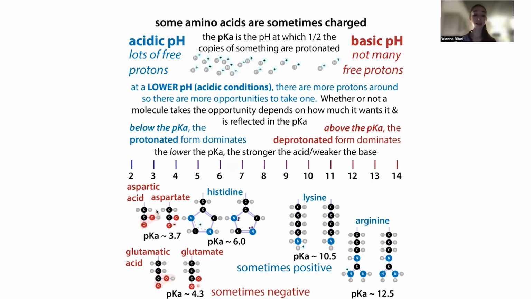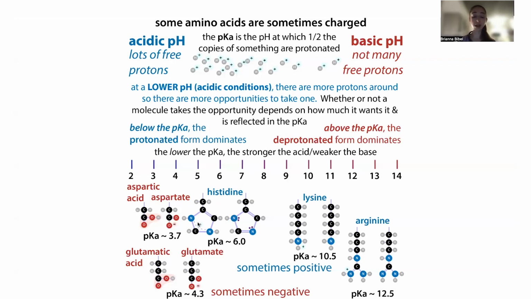In their neutral form, aspartic acid and glutamic acid donate a proton to become their conjugate bases, aspartate and glutamate. In the case of the basic amino acids, the neutral form acts as a base, so it takes a proton. Histidine can take a proton and become the positively charged version.